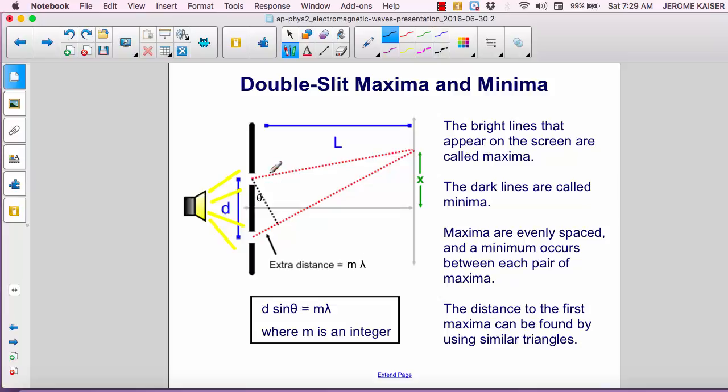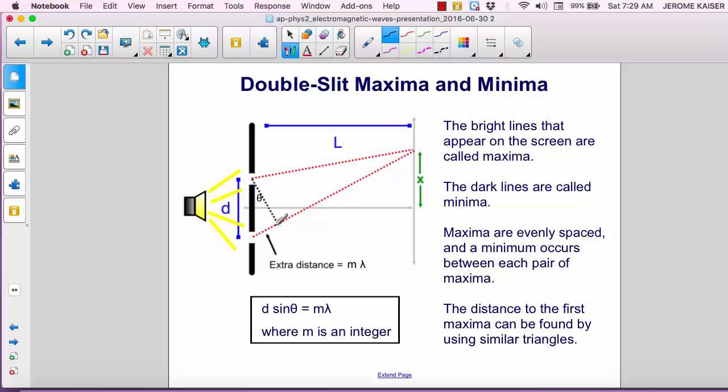This should be familiar from the waves and sound units, but just to remind you, the difference in the distance traveled for an angle theta is going to be given here: d sine theta, the opposite to the angle theta with the hypotenuse equal to the distance between the slits.